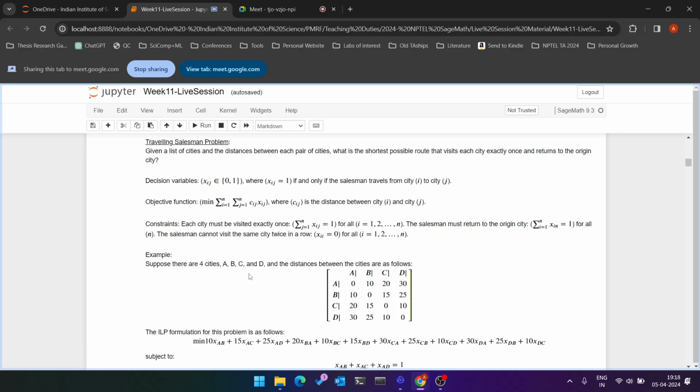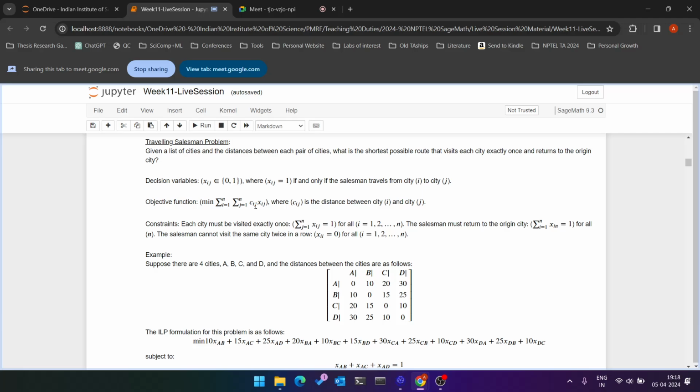So how do we write this mathematically? Suppose we first define a decision variable xij, which is either 0 or 1, where xij is 1 if and only if the salesman travels from city i to city j. Then our objective function is we wish to minimize the summation, i going from 1 to n, j going from 1 to n, of cij xij.